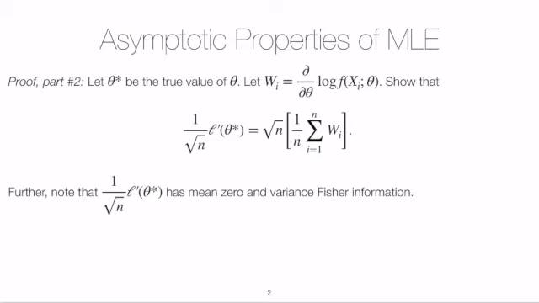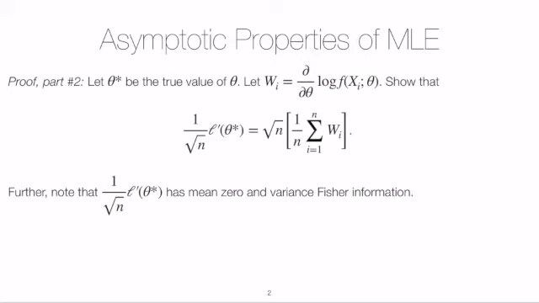All right, so let's work on that numerator. So this was the numerator from the previous slide. The goal here is to show a few things, actually. One is to show that we can write this term, under our assumptions and regularity conditions, as the square root of n times something that looks like a sample average.